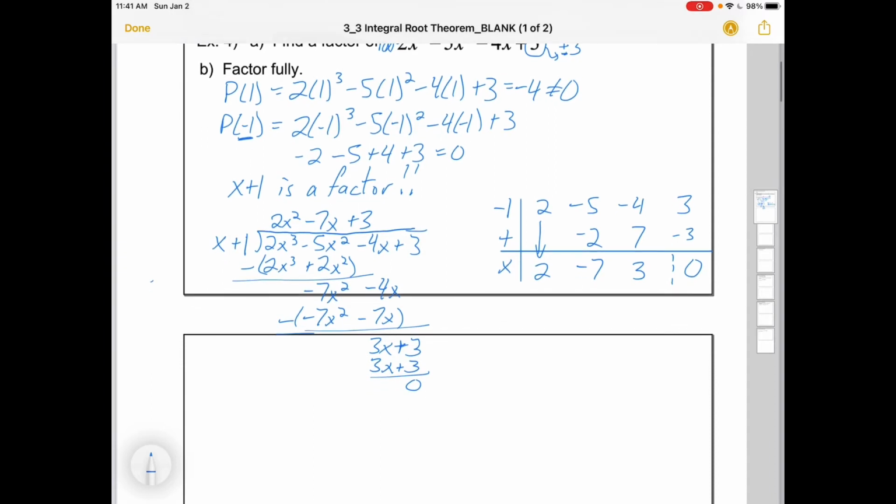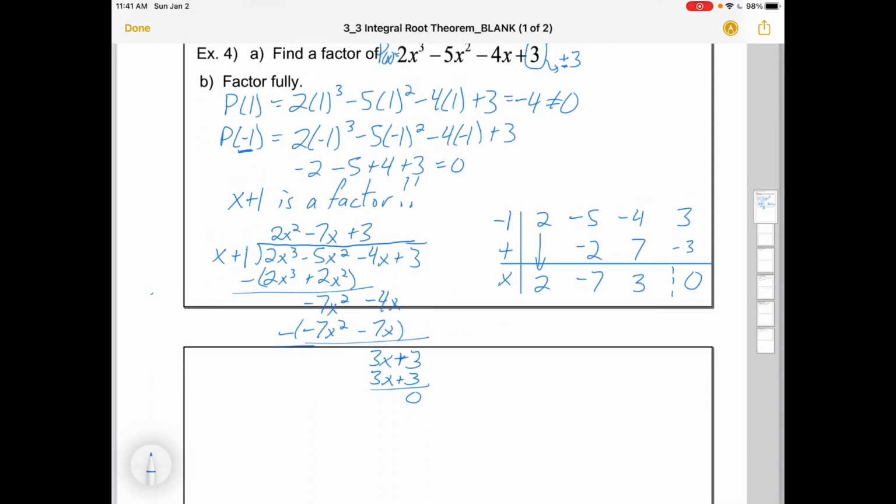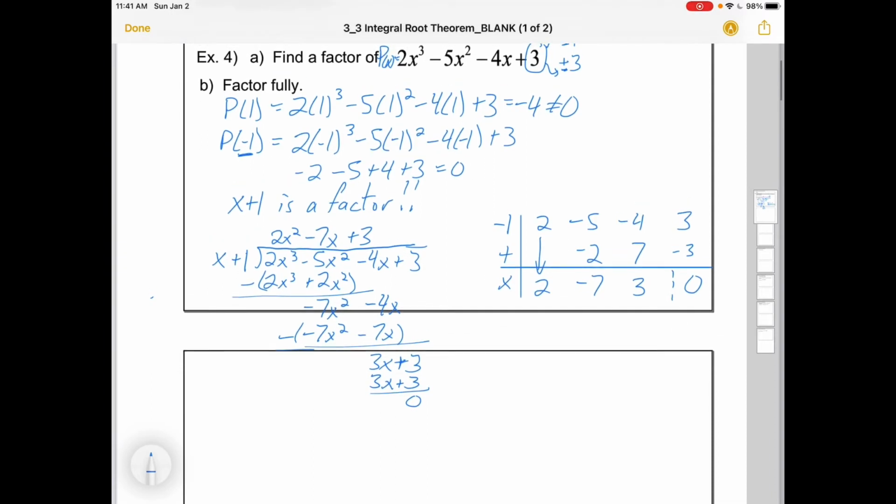What we learn from this is that if we partially factor 2x cubed minus 5x squared minus 4x plus 3, we are going to get x plus 1 and then whatever's left over here, the 2x squared minus 7x plus 3, which is represented by these numbers in synthetic division.